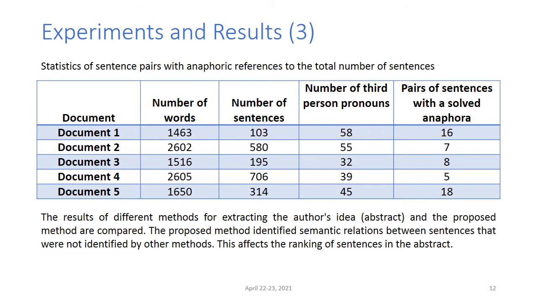On the next slide, we present information about 5 documents of our corpus. You can see the number of words, number of sentences, number of third-person pronouns, and pairs of sentences with a solved anaphora.